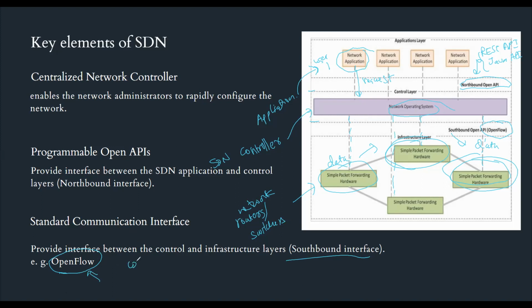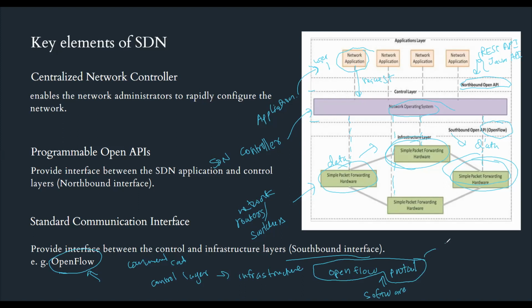It is used for the communication between the control layer and the infrastructure layer, and whatever communication happens there can be defined by the OpenFlow protocol. The OpenFlow protocol can also be updated by updating the software that defines it. OpenFlow is an open protocol which can be programmed or modified by any person who wants to use it to address his own unique needs.